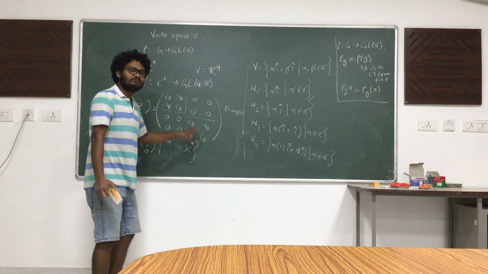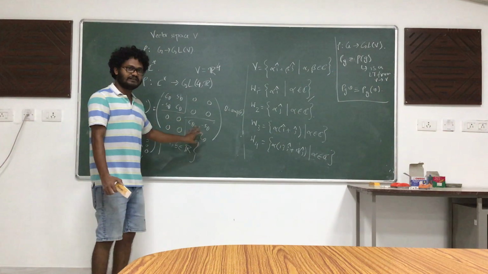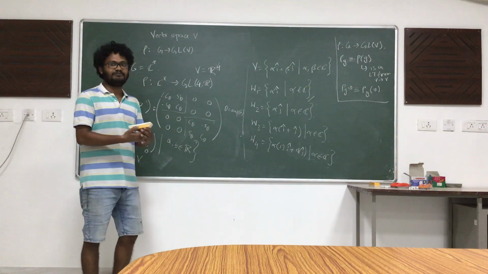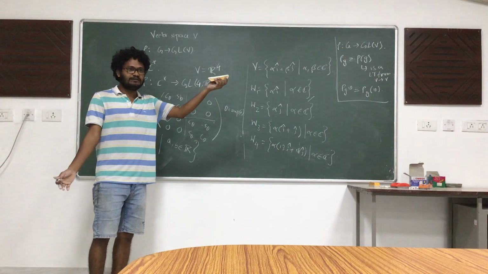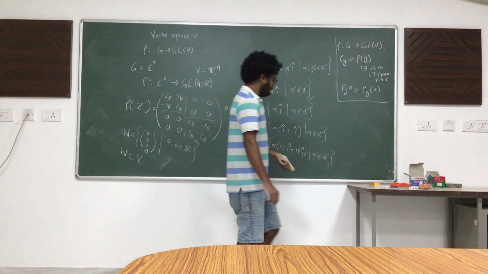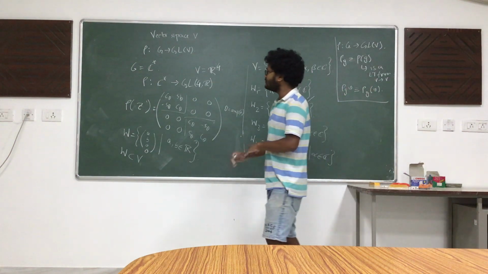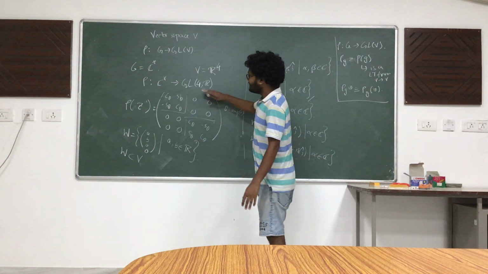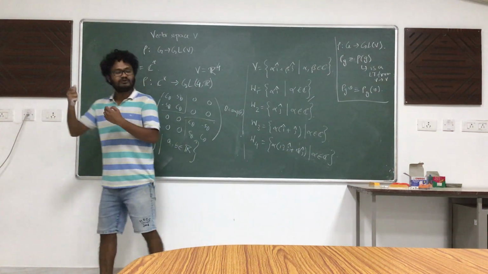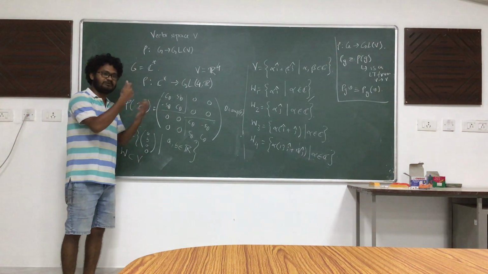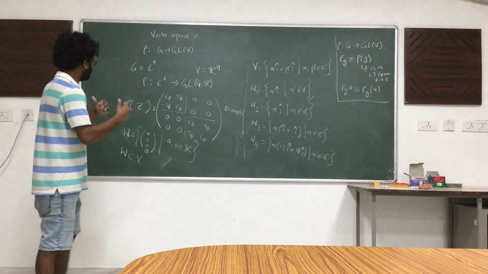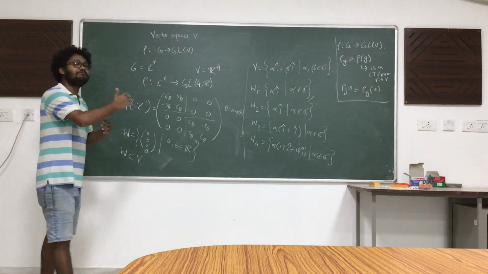But we don't need to study them together. We can study each part independently, and whenever needed, we can club them to form a bigger representation. So the main point is that, given any representation, we will try to reduce it to sub-representations so that we can make it a simpler job.